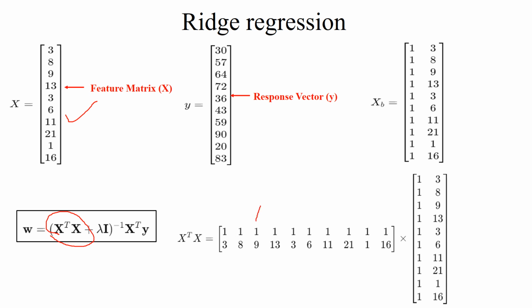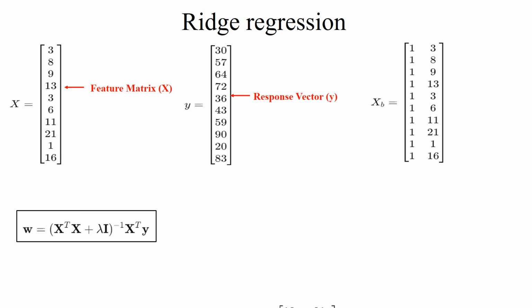We find the product of X transpose with the actual X. The first product we are computing is X transpose into X, which gives a result 10, 91, 91, 1042. This is the value of X transpose into X.